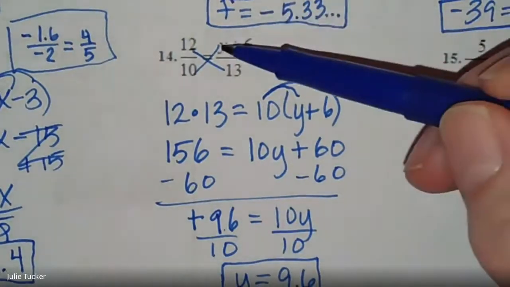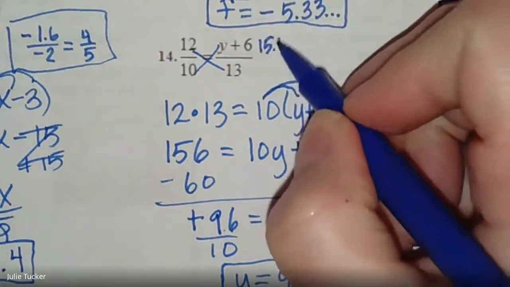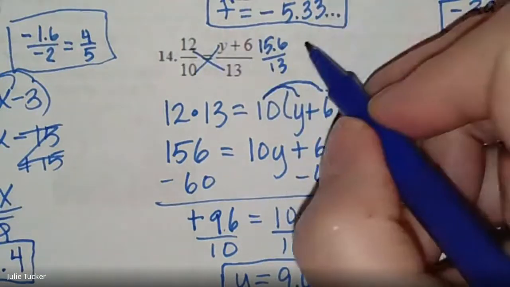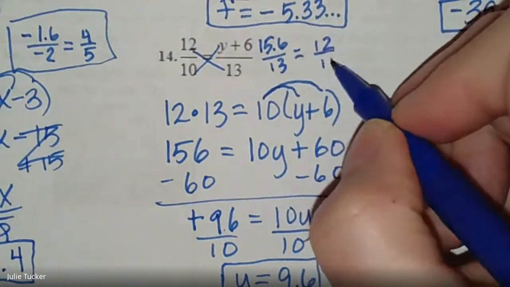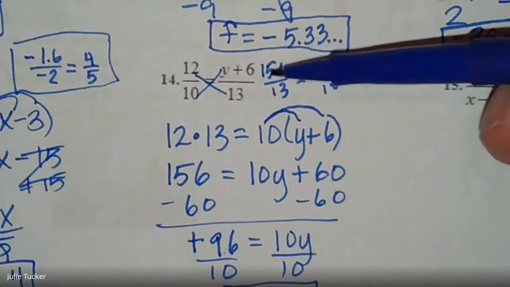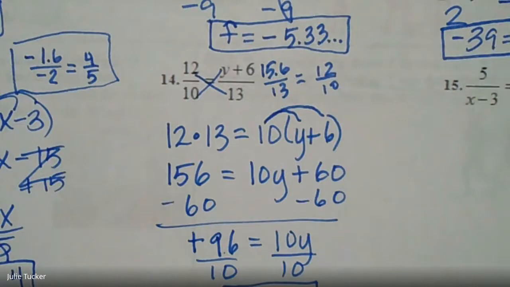Okay, so 9.6 plus 6 would make this into 15.6 over 13. And the other fraction is 12 over 10. Does that look reasonable? This is a little bit bigger than that. This is a little bit bigger than that. Yeah. So yeah, it's good.